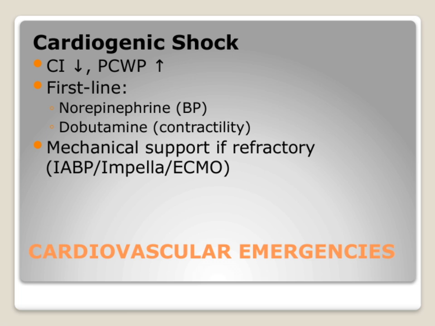This slide highlights the importance of recognizing the hemodynamic profile in cardiogenic shock and implementing a tiered approach to management, emphasizing both pharmacological support and mechanical interventions when needed. These strategies are crucial in the broader context of cardiovascular emergencies, where rapid, targeted action can significantly impact outcomes.